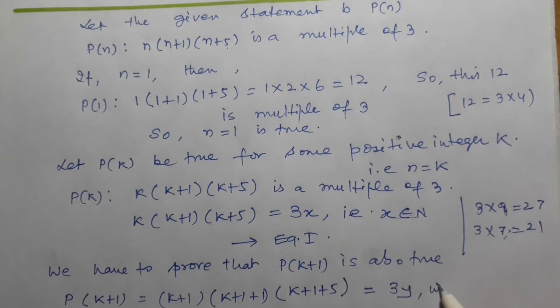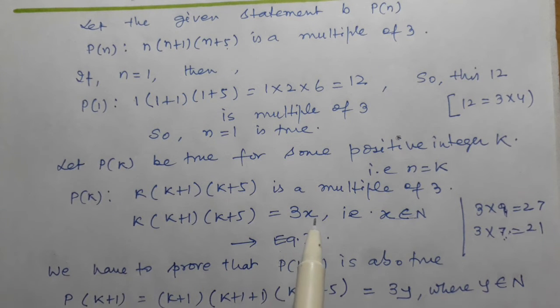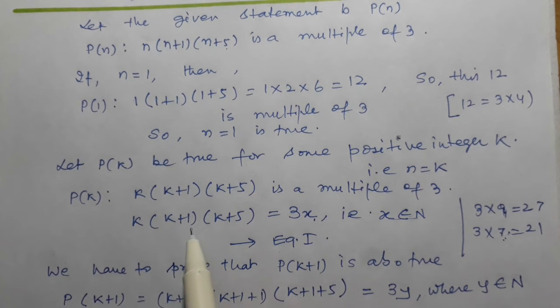Where y belongs to natural numbers N. This is P of k, so the value 3x is there. x may be any variable, a multiple of 3, and P of k plus 1 will be different. So the multiple value of this will also be different from this value, but it will be a multiple of 3, and that multiple we are taking as y.